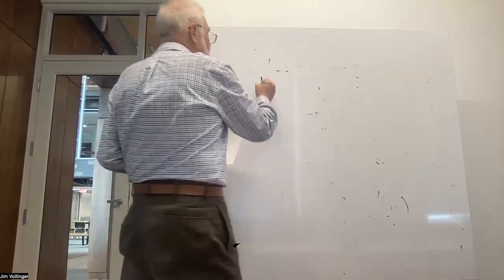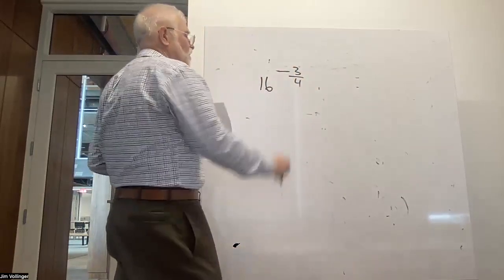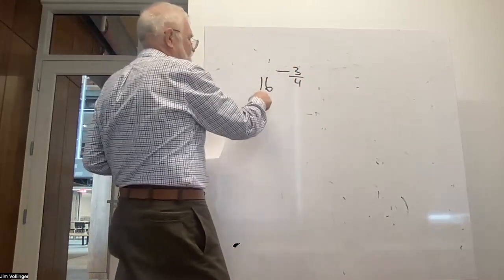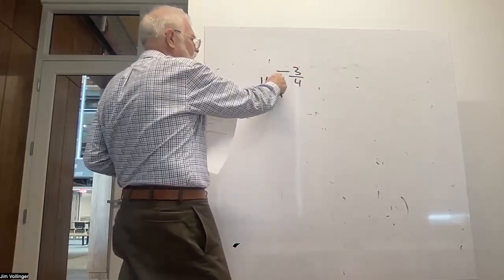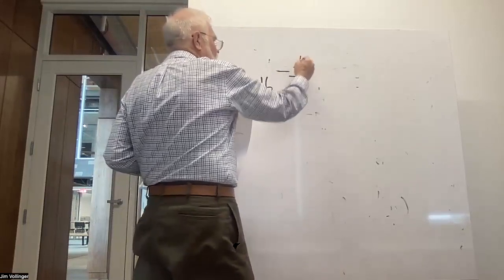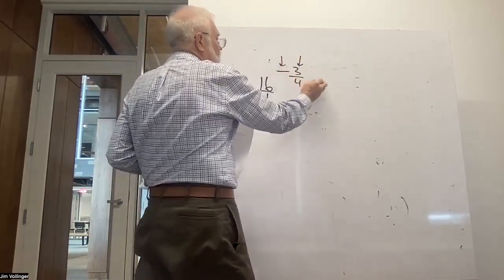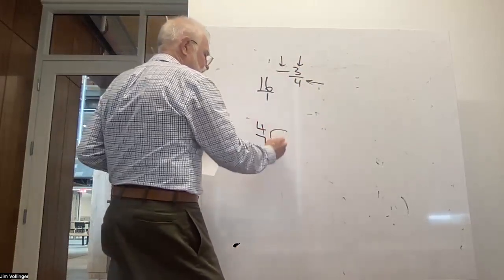16 to the negative 3/4. Now you're actually using exponents. I don't want to flip it, making 16 over 1 into 1 over 16, so I'll do that later. I don't want to do 16 times 16 times 16. Let's hope this is helpful. That's the 4th root of 16.